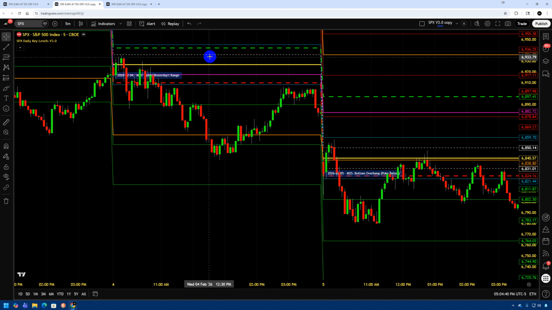What I mean by that is the PML to PMH range, or YDL to YDH range, primarily the PMH to PML range. A lot of times on market scenario one sessions, you'll see just a lot of chop between PML and PMH with little dips below and above. But those are going to be sessions that typically have less volatility.